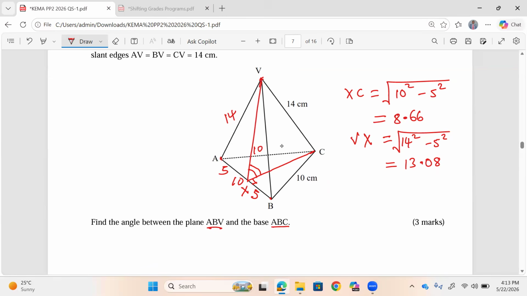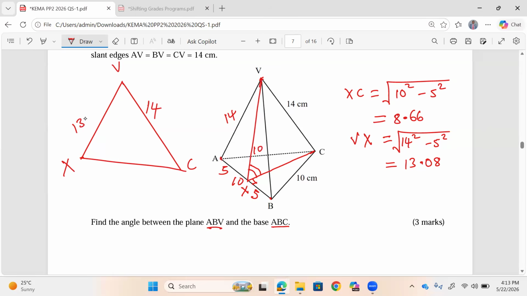So now, considering triangle VXC, let me extract it. Considering VXC, we have all the sides. This is 14.